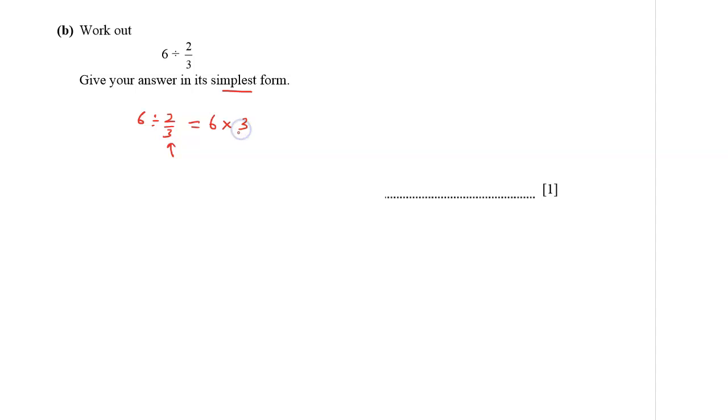So 3 becomes the numerator, 2 becomes the denominator. Therefore, you divide 6 by 2, you get 3. 3 times 3 gives us 9. So the simplest form here is 9.